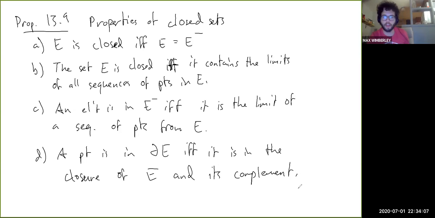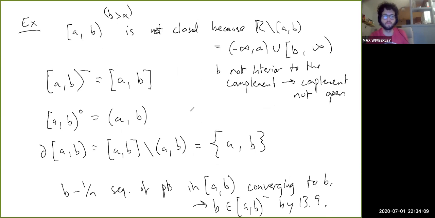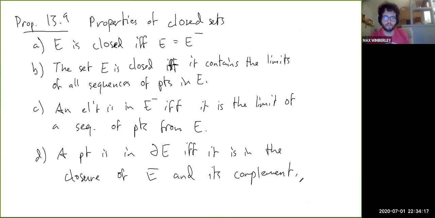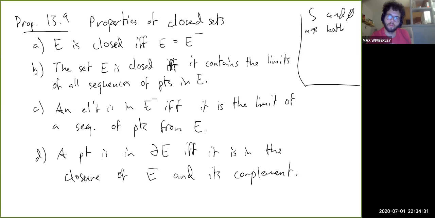The last thing I want to say is I just really want to drive home the point that there are sets which are both open and closed, right? The empty set, I'm also going to write this over here as a side note: S and the empty set are both open and closed.